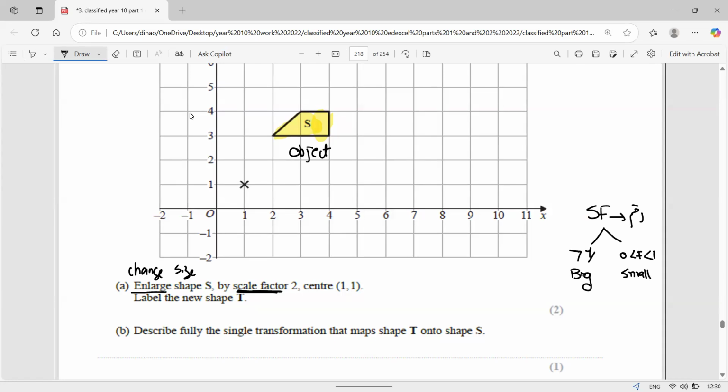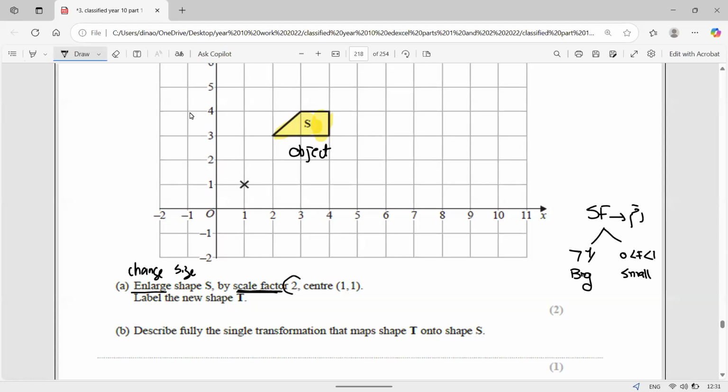So enlarge means change size. You want me to make it bigger or smaller. As we said, we will be given a number, the scale factor, either greater than 1 so the shape becomes bigger, or a fraction between 0 and 1 so the shape becomes smaller.